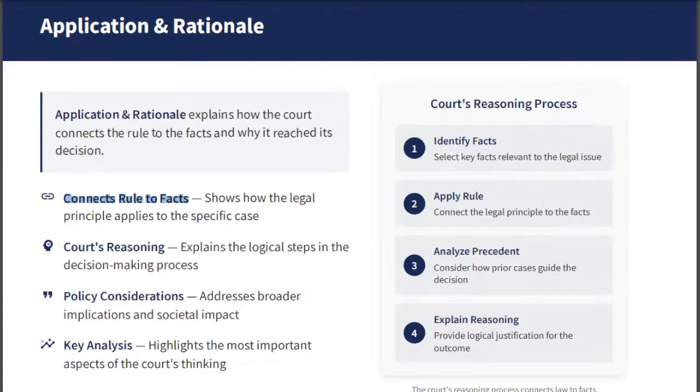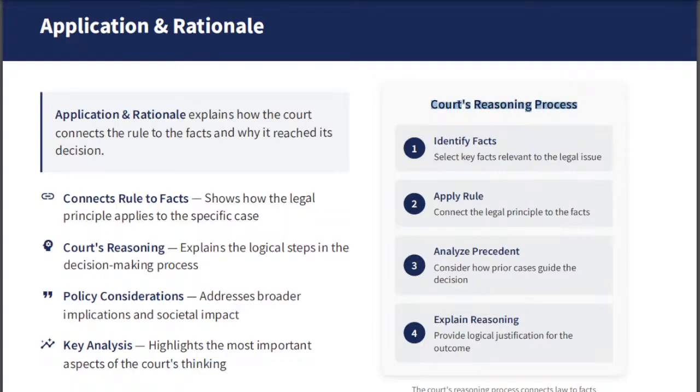So it connects rules to facts, shows how the legal principle applies to the specific case. So the court's reasoning explains the logical steps in the decision-making process. Has policy considerations, addresses broader implications and societal impact. And it'll have a key analysis that highlights the most important aspects of the court's thinking.